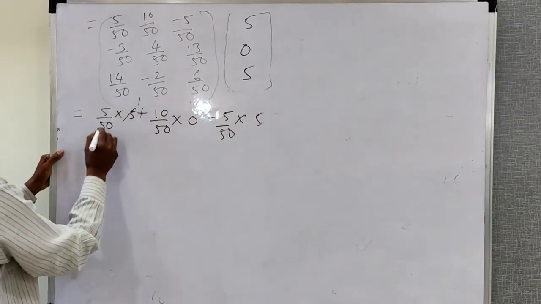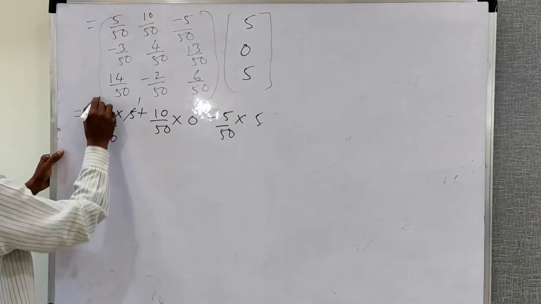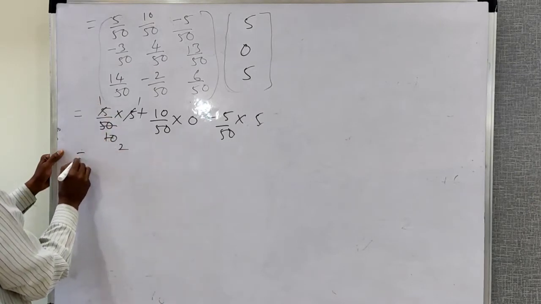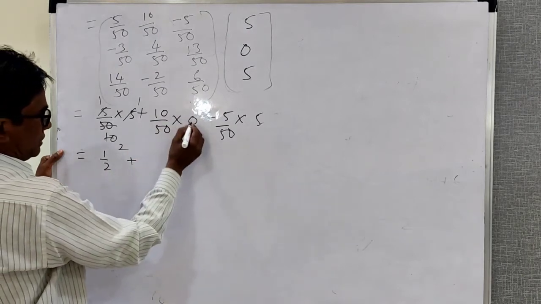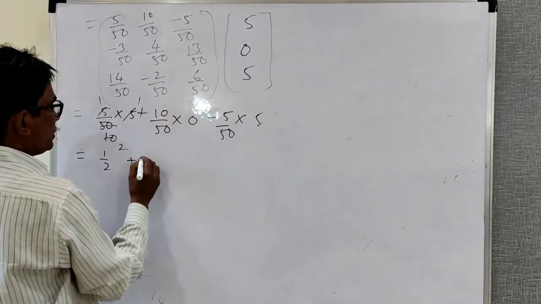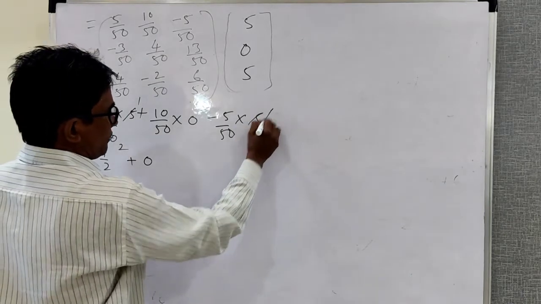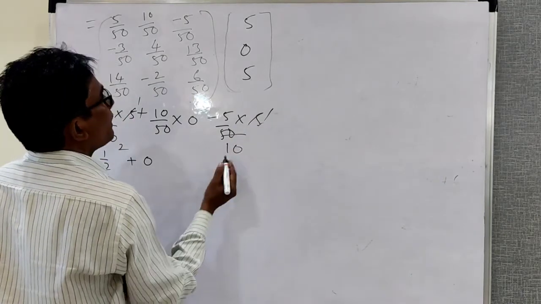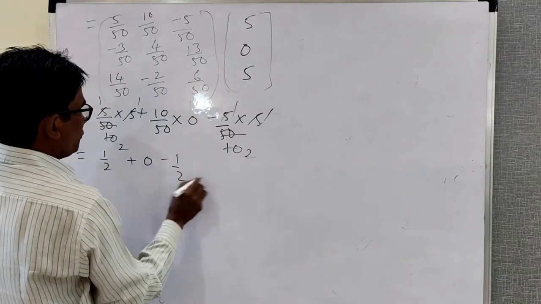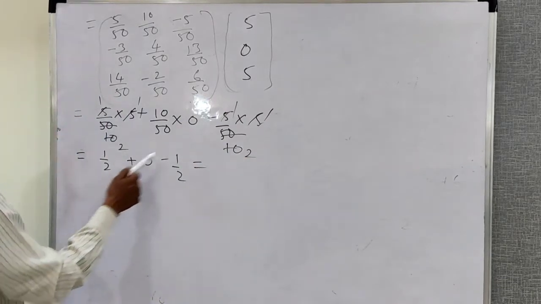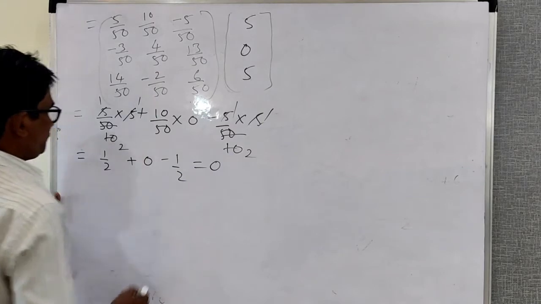So 5 1s are 5, 5 10s are 50, 5 1s are 5, 5 2s are 10. So this is equal to 1/2 plus 10/50 into 0 is 0, and this is minus 1/2. So plus 1/2 minus 1/2 gets 0.